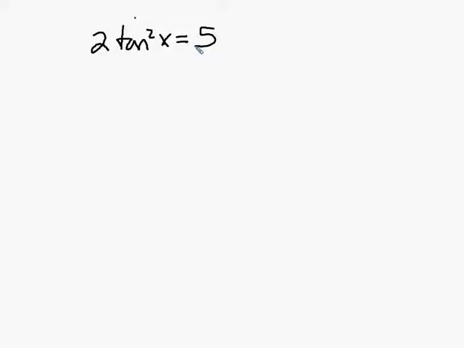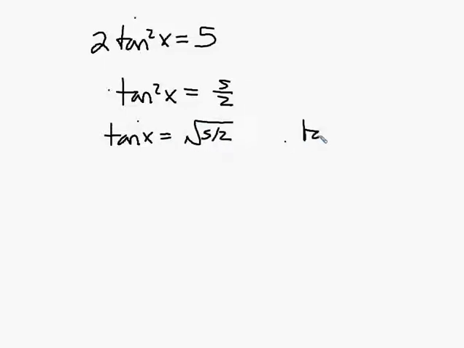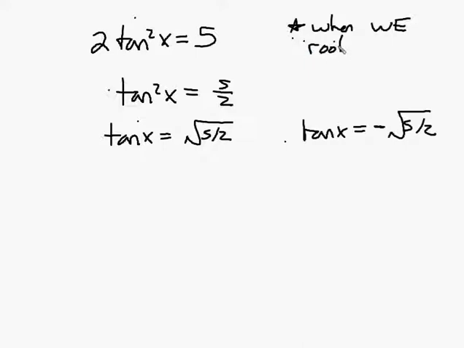All right, so this one ends up being trickier than we would think. I'm going to divide both sides by 2. And then since I have it squared, I'm going to square root it. So tan x equals the square root of 5 divided by 2. And tan x equals, this is going to be the tricky part, the negative. So this is important. We should have talked about this earlier in the year, but when we root, as part of solving, there's 2 answers.